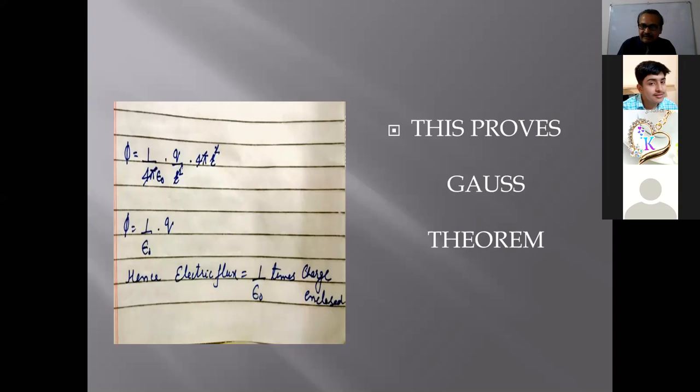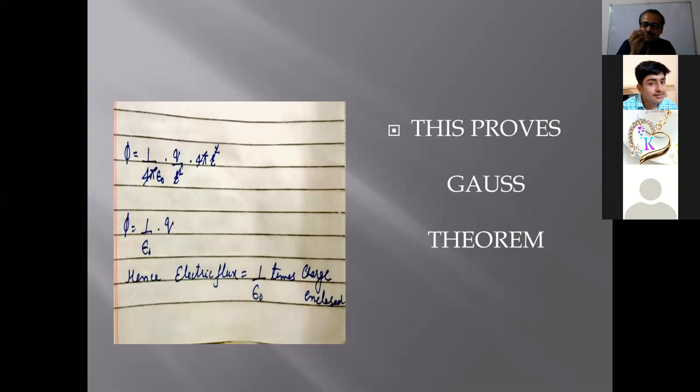Once again, I'll just revise what we have done. Gauss theorem says the total charge enclosed by a surface, if it is q, the total electric flux will be equal to 1 over epsilon naught times that charge. In order to prove that, what did we do?